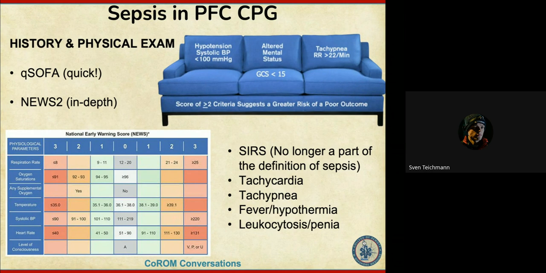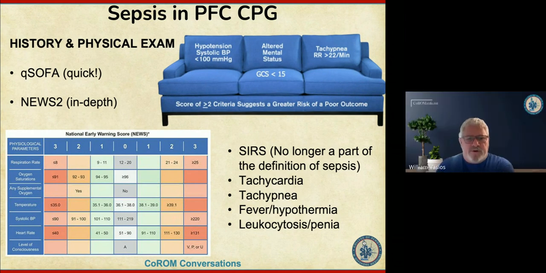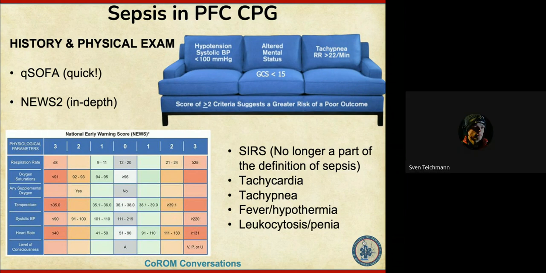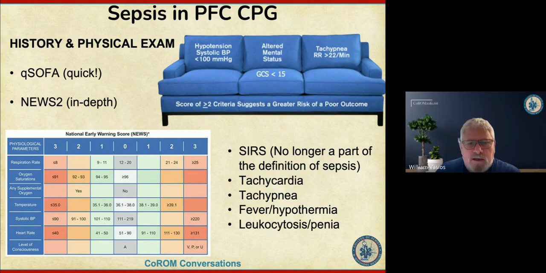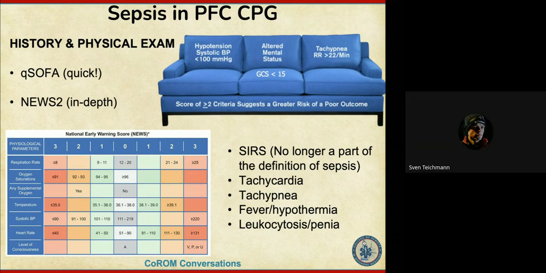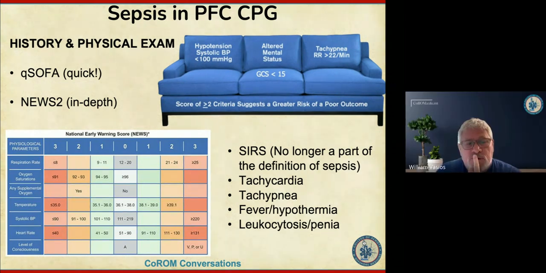So basically what you said. Okay, you go all the way to 3? Yeah, so in the NEWS 3 points, not the GCS 3 points. So basically 14 or less on the GCS gets 3 points. Okay.